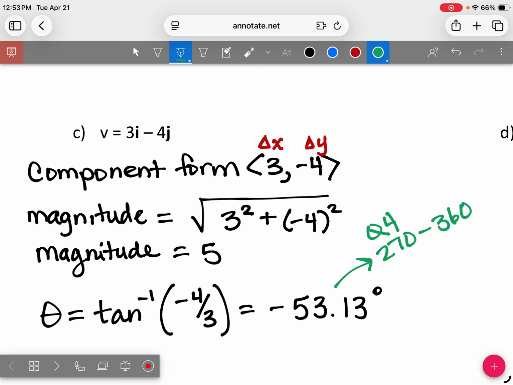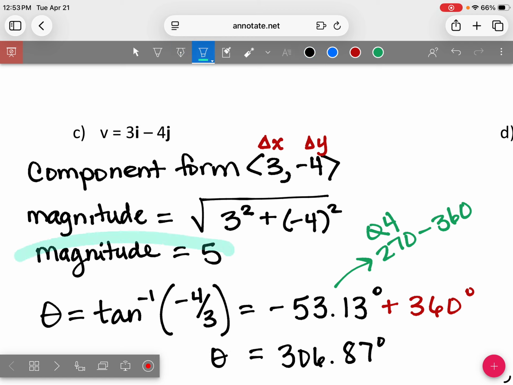Pick up your calculator and try it. If you take negative 53.13 and add 180, is that enough? If not, then try 360. What I got was 306.87 degrees. That is my magnitude and my direction.